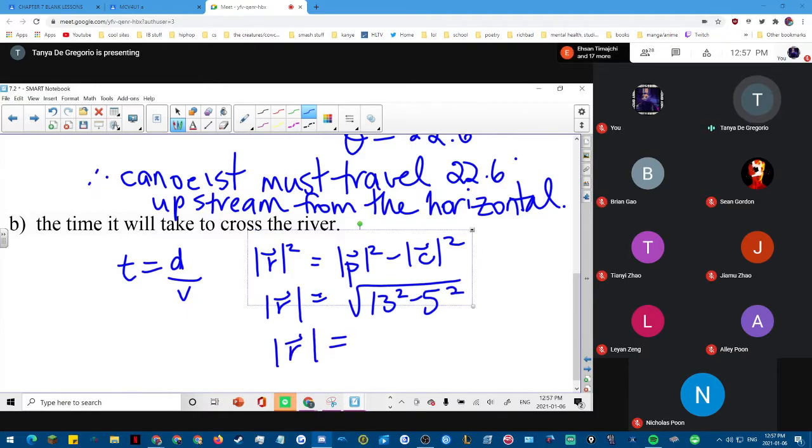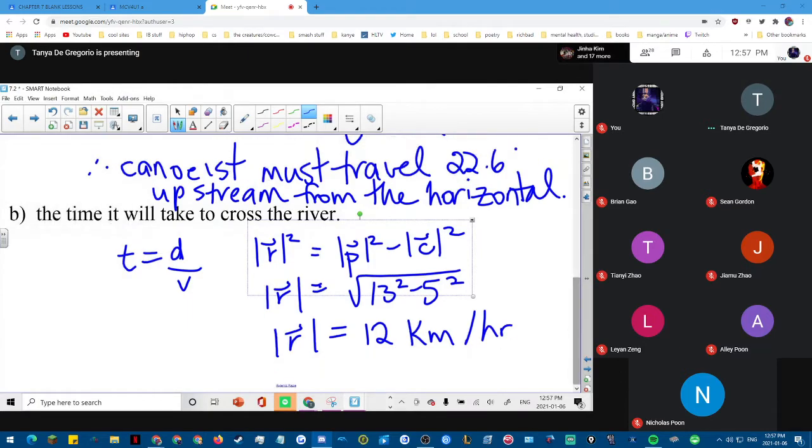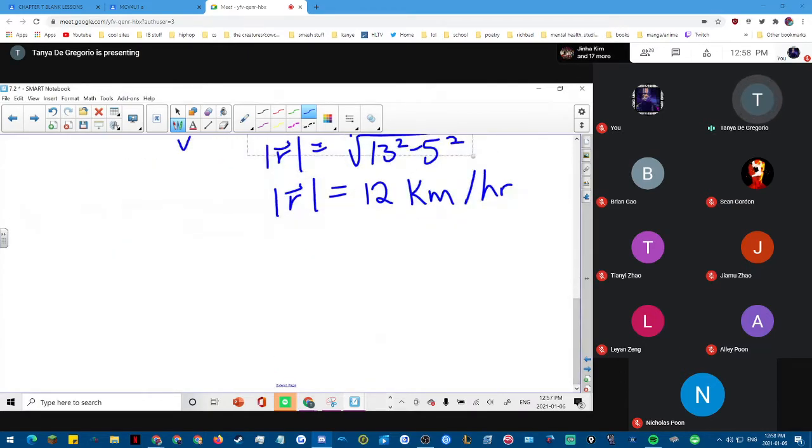And what do we get here? 12. And then, as we said, we need time, which is distance over speed or velocity.